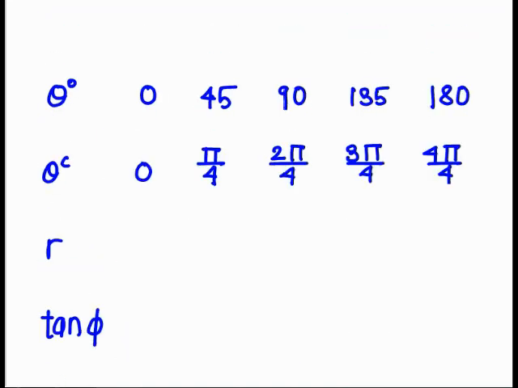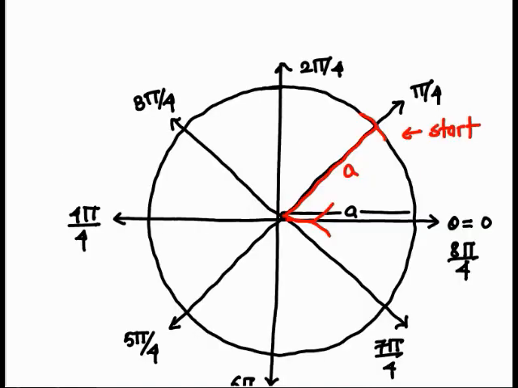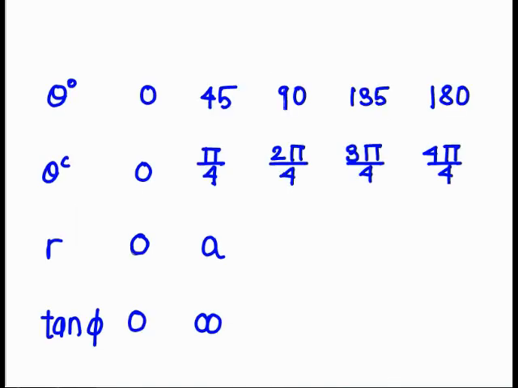Now we need to find the value of r and tan φ for each of these values. So at 0, we get 0 as the radius and tan φ is 0. At π/4, r = a and tan φ is infinity.